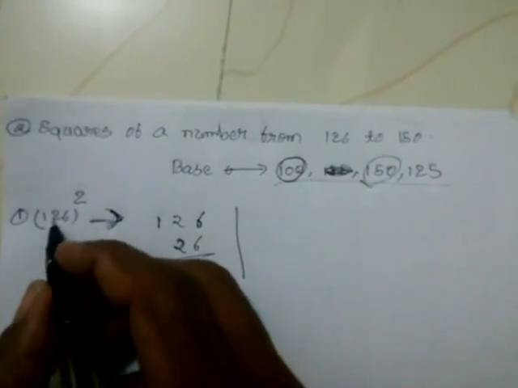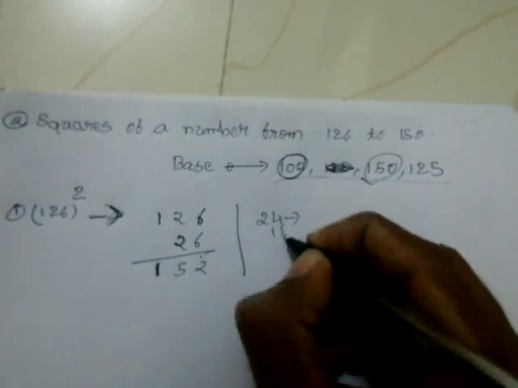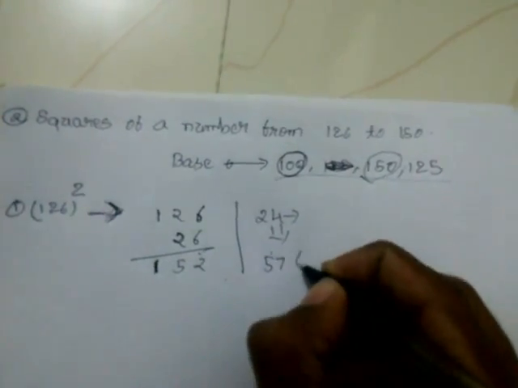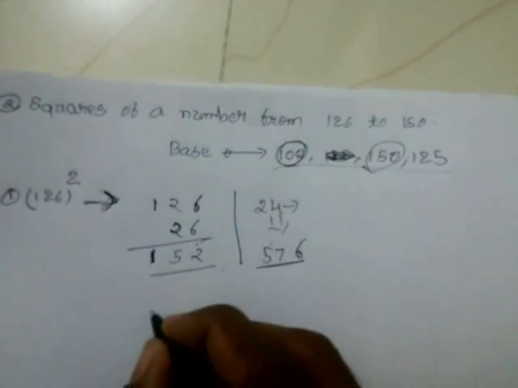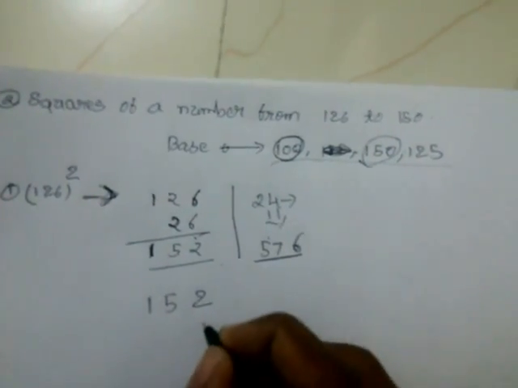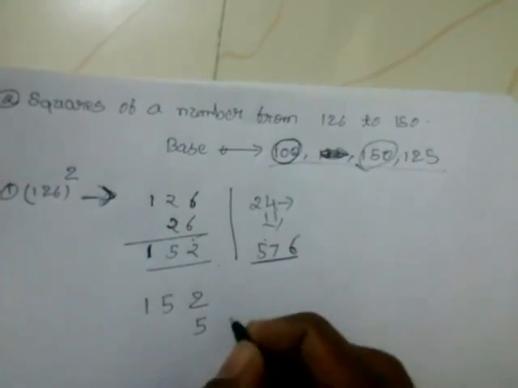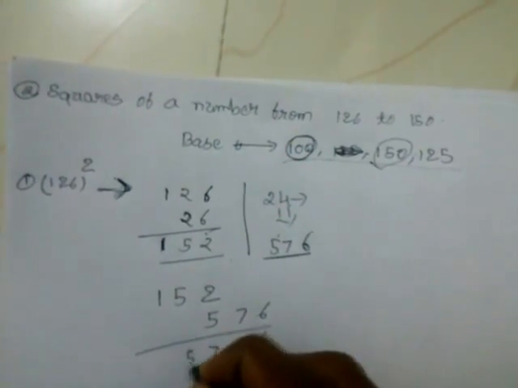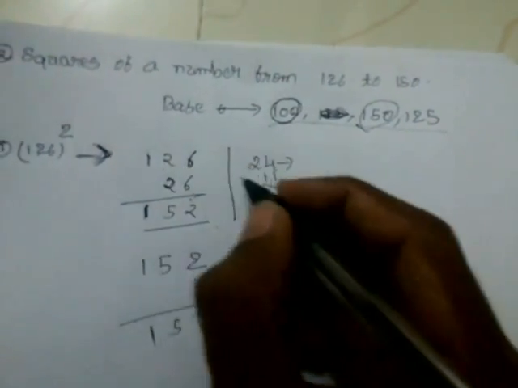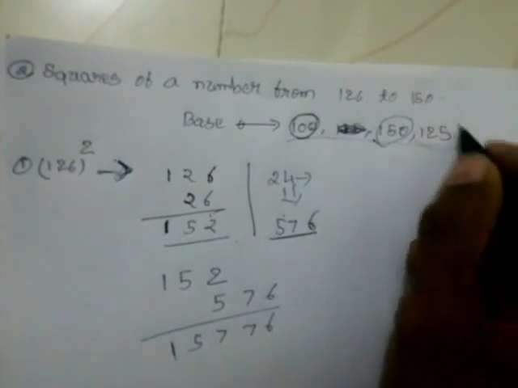So the difference between 126 and 150 is 24. And the square of 24 is 576. Now make the combination of these two numbers, we get 152, and as this is a 3-digit number, we'll put 5 below 2, 76. Add them together, we get 15776.